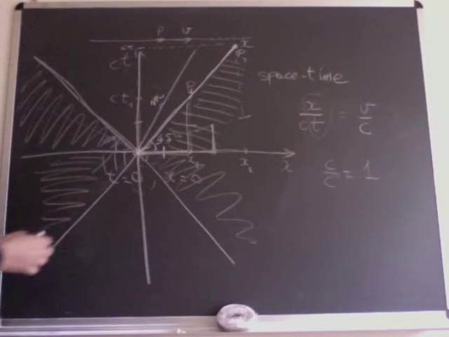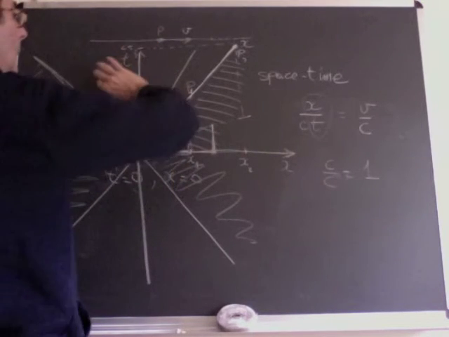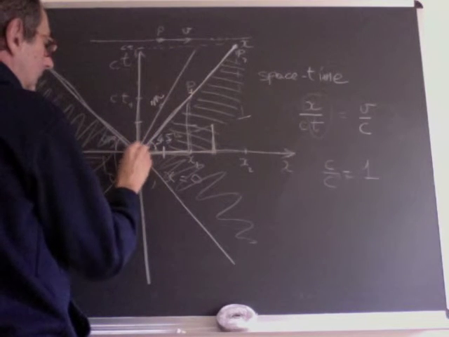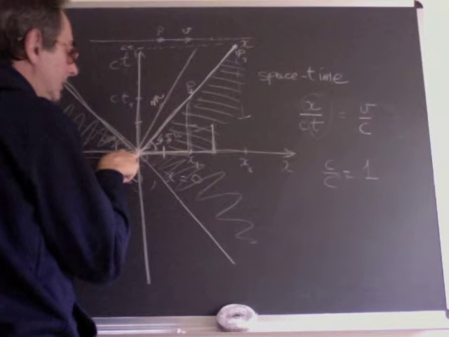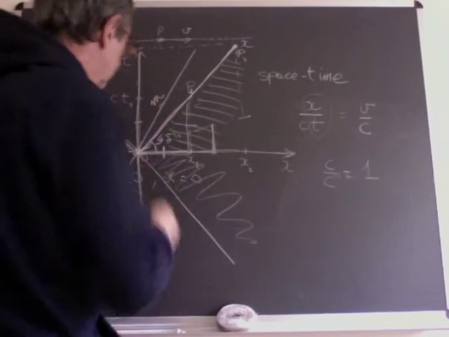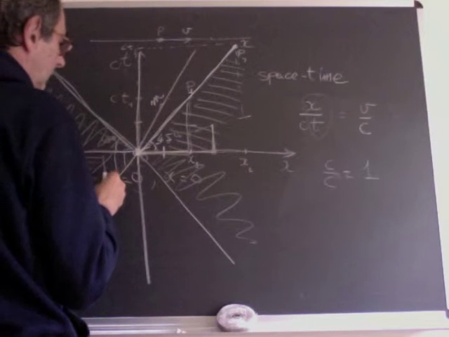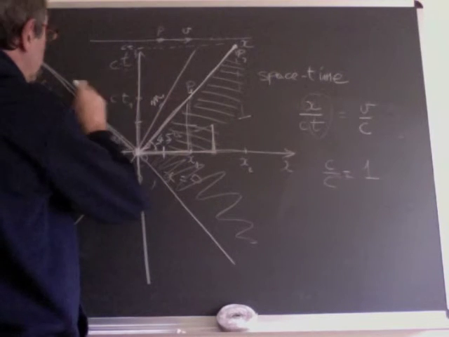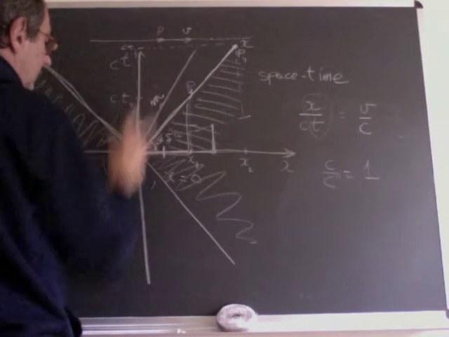So the final result is that the space-time connected to this point here, that is x equals 0, t equals 0, that corresponds to say here, now, all the physical space-time allowed for this point is this region and this region.